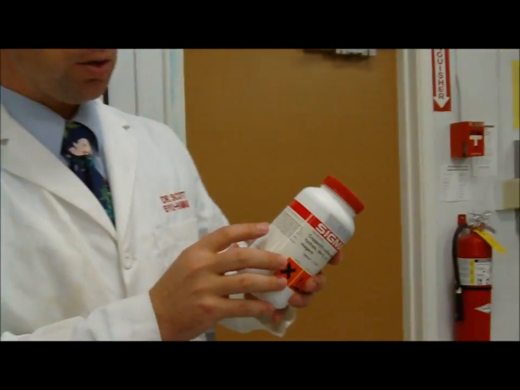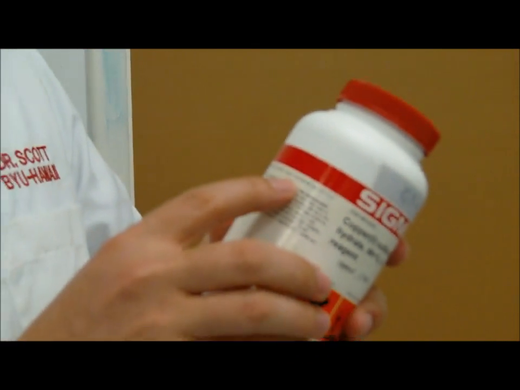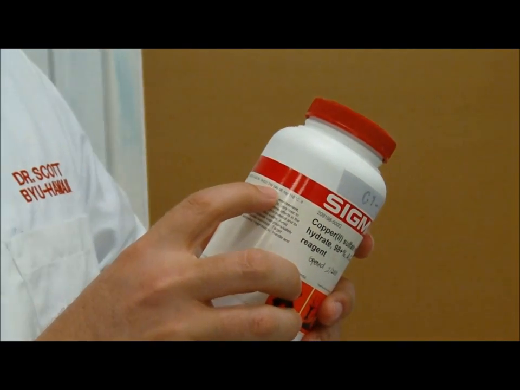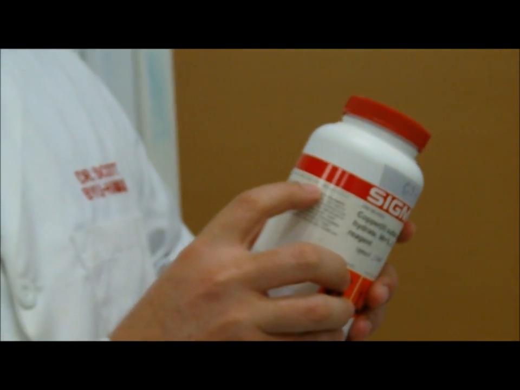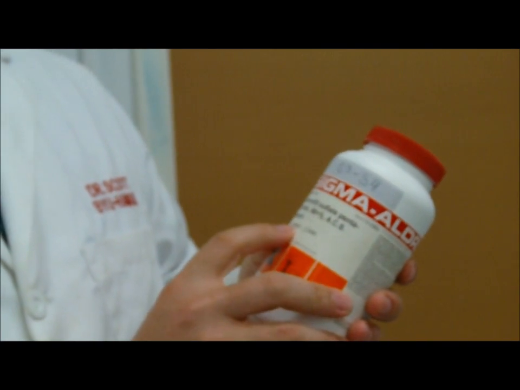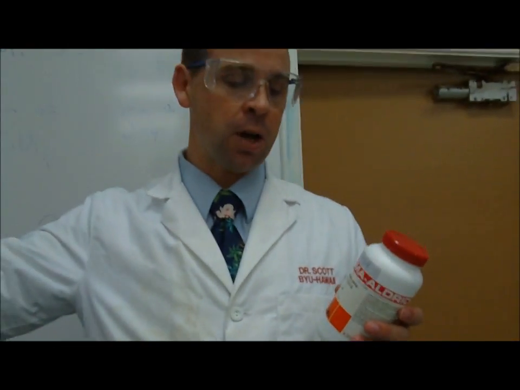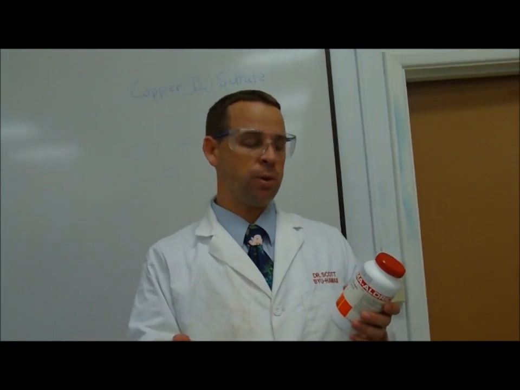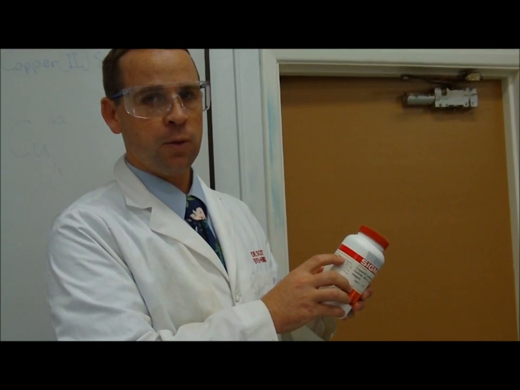Or we can also almost always go to the bottle and look for the formula weight, which is on the side of the bottle. This formula weight here tells us how many grams are in 1 mole of this chemical. All right? So if I go and ask for copper sulfate at the stockroom and they give me copper sulfate monohydrate, I'll be able to look here and it will tell me the formula weight.